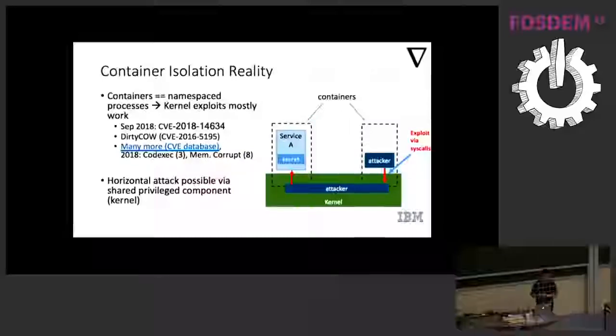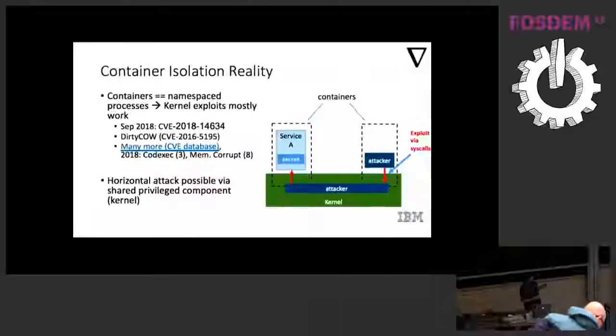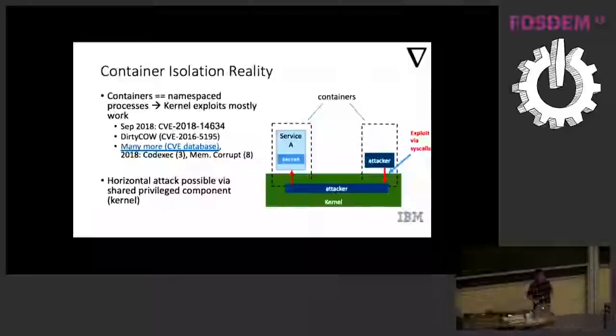And so any vulnerabilities or exploits that apply to regular Linux processes would most likely apply to containers as well. So the main threat that we are trying to address here is what we call the horizontal attack profile, which is two containers on the same host going through an attack through the shared privileged component, which is the kernel in our case.